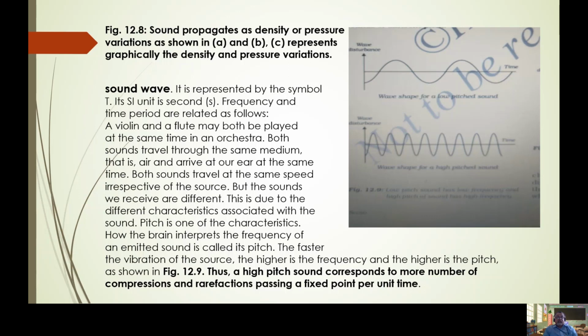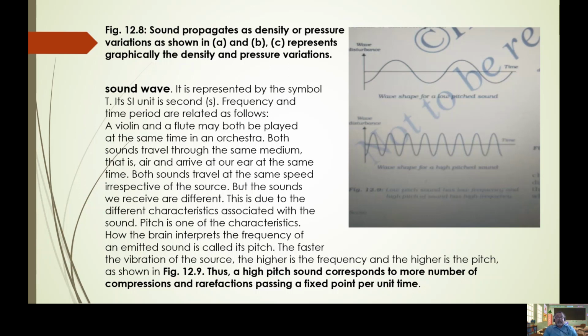Both sounds travel through the same medium, that is air, and arrive at our ear at the same time. Both sounds travel at the same speed, irrespective of the source, but the sounds we receive are different. This is due to the different characteristics associated with sound.